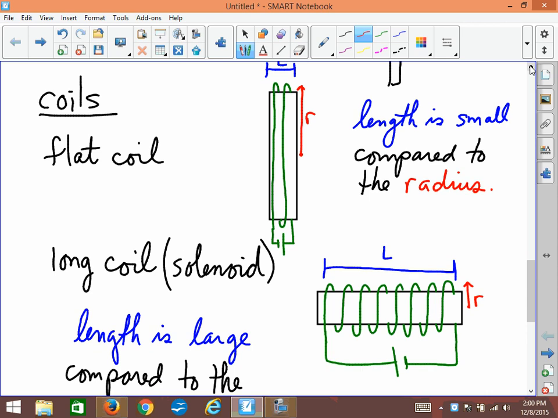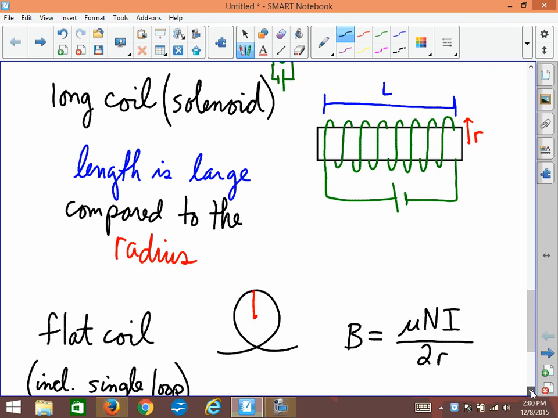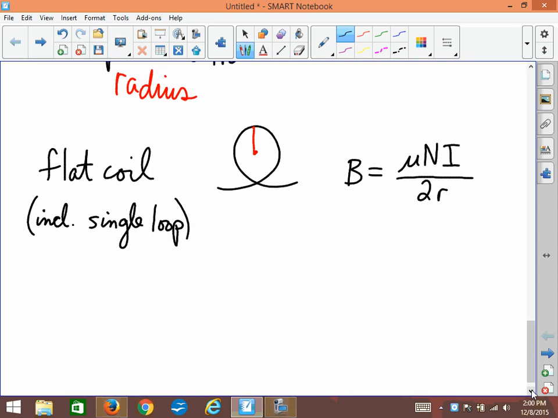It's the bigger number. It's important. See how the radius is larger. So this is the radius of the coil, right here, the radius of the flat loop or coil, or the single loop of wire. We still have the magnetic permeability, mu, and we still have the current, which is I. The number 2 is just 2, but the N stands for the number of turns in the coil.